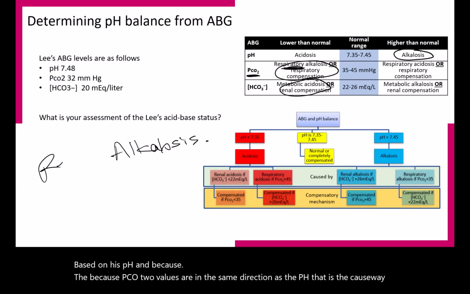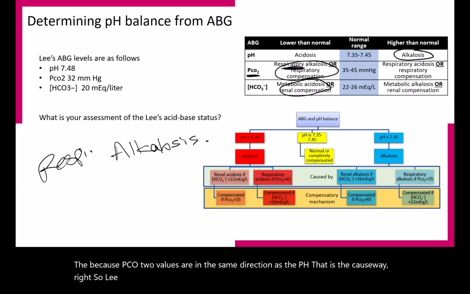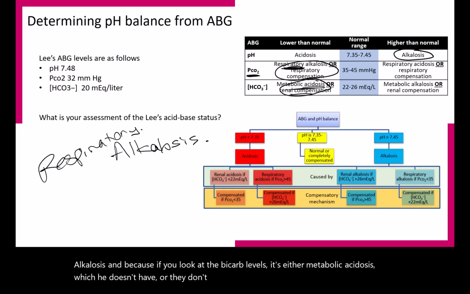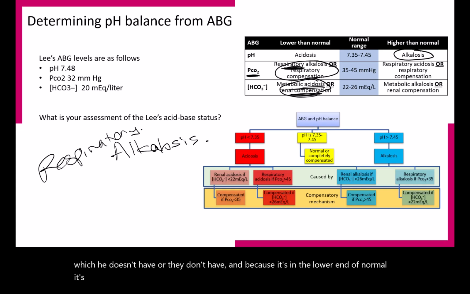So Lee has respiratory alkalosis. If you look at the bicarb levels, it's either metabolic acidosis, which he doesn't have, and because it's in the lower end of normal, it's compensation, so renal compensation.